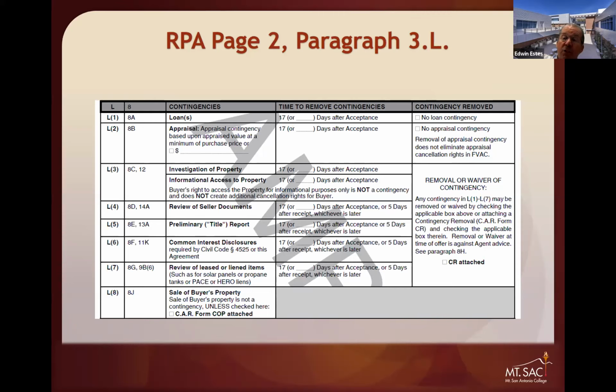If the seller gives the disclosure on the 10th, the 5 days would be the 15th. So the 17 days is later. So it's whichever is later, 17 days from the acceptance or 5 days after receipt, okay, whichever is the latest date. So you just kind of have to watch when it comes in.